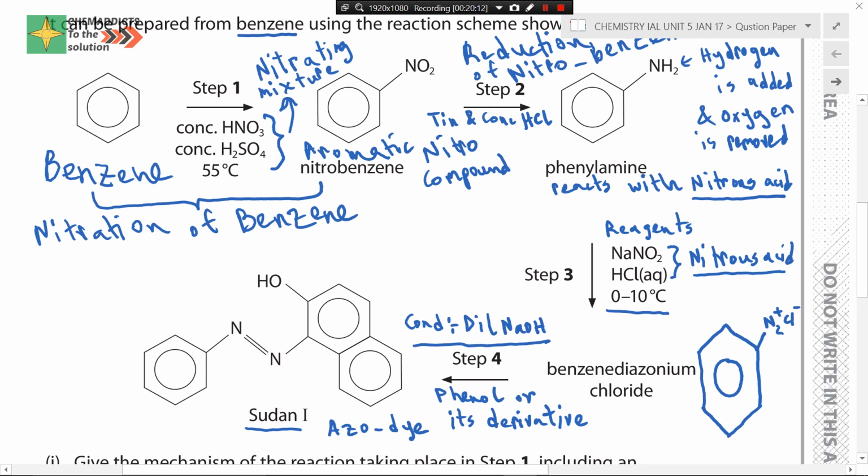Here naphthol is given. Naphthol reacts with benzene diazonium chloride to give this structure. The dilute sodium hydroxide is just a condition, an alkaline condition.